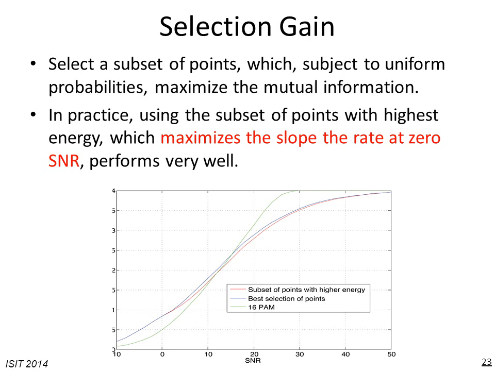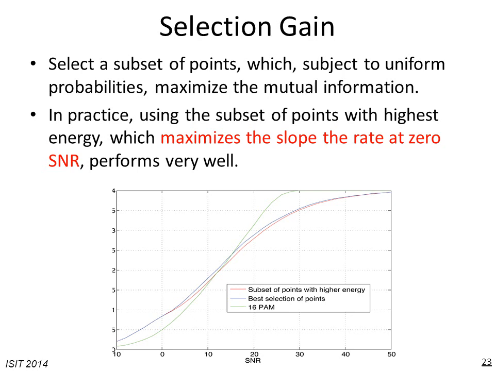The blue one is the curve corresponding to selecting the best constellation. So we generate a lot of constellations, we see which one has the highest mutual information for that particular SNR, and we plot the maximum. The red curve corresponds to the 16 PAM, which is 256 QAM.